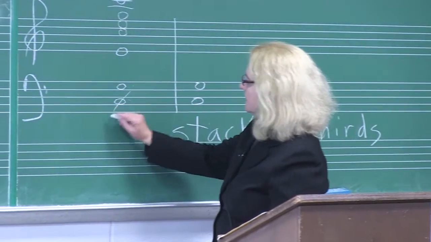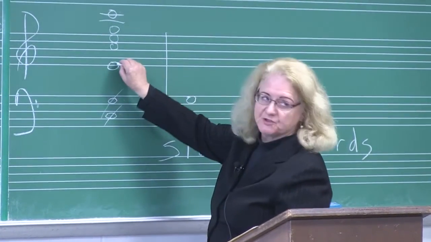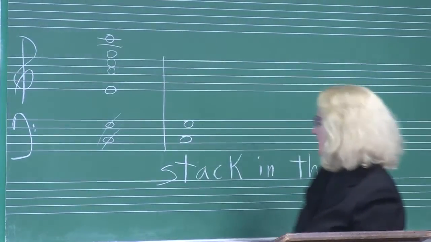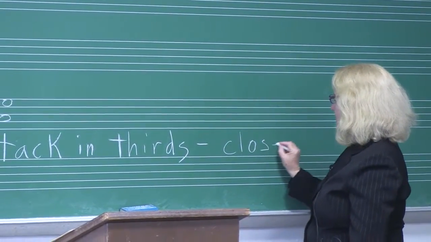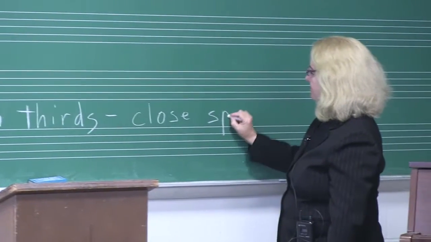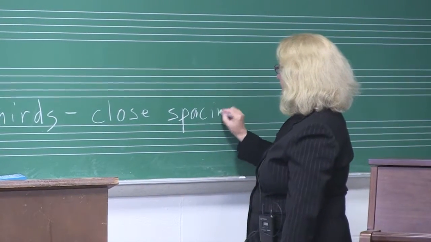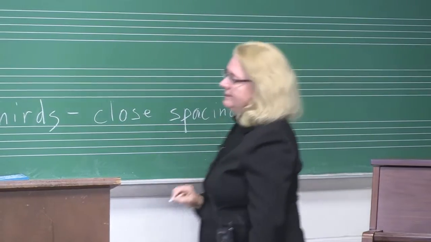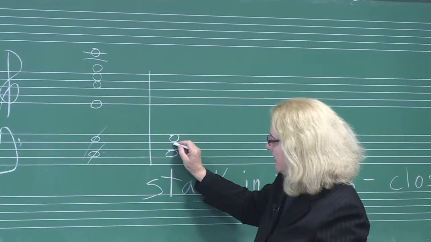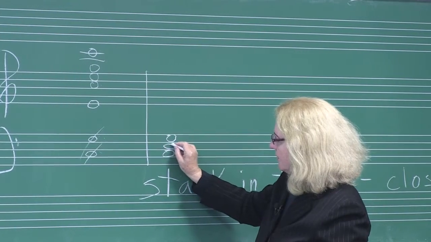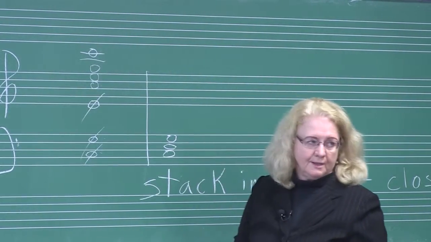And so I've taken care of that one. Here's an E. I put this in close spacing. So I'm going to take this E and drop it an octave, which means I put it there. Okay, we're done with that note.